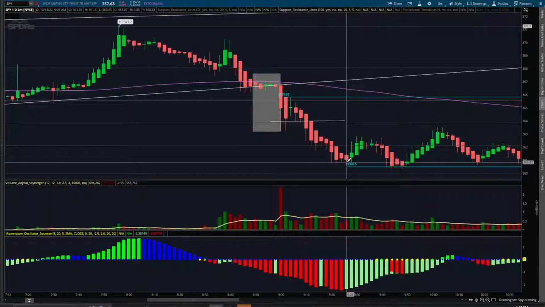And so it is important that you wait for the first flat top, flat bottom, especially if you like to be a little bit conservative. Let's say you only get one play a day. That's all you can do.